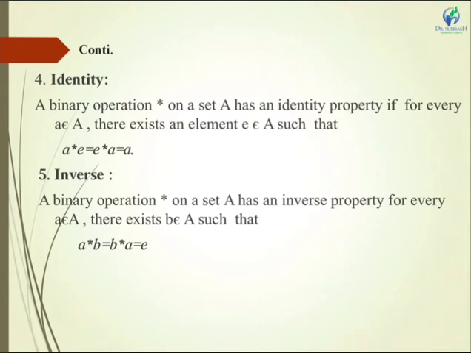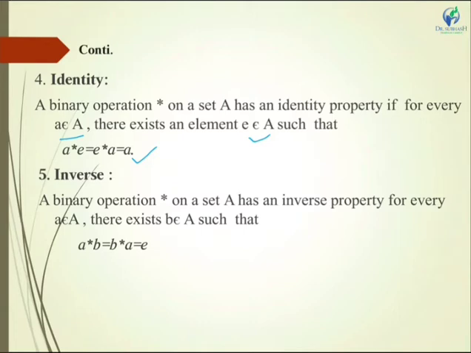A binary operation star on a set A has the identity property if for every a belongs to A, there exists an element e belongs to A such that a star e equal to e star a equal to a.